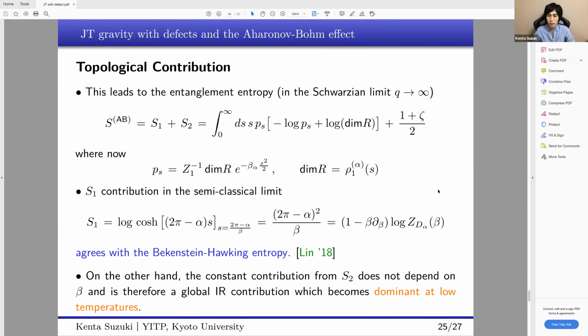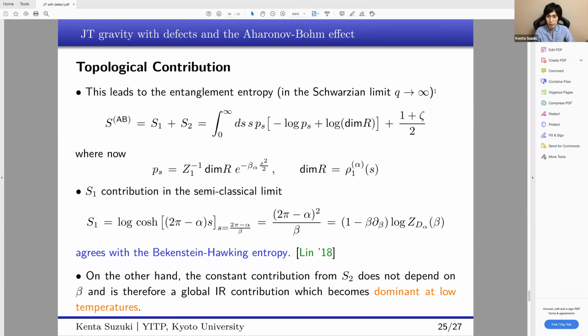So using this expression of the spectral density, we can evaluate entanglement entropy. Here, just for simplicity, I already took the Schwarzian limit, which corresponds to Q infinite. But we can also write down a general exact expression.